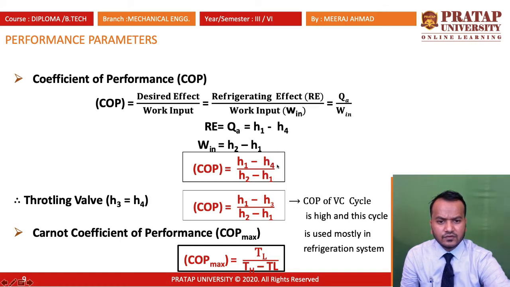From here, you know that in the throttling valve h3 equals h4. You can also write this formula like that: the COP of the VC cycle is equal to (h1 minus h3) divided by (h2 minus h1), because h3 equals h4 because of the throttling process.